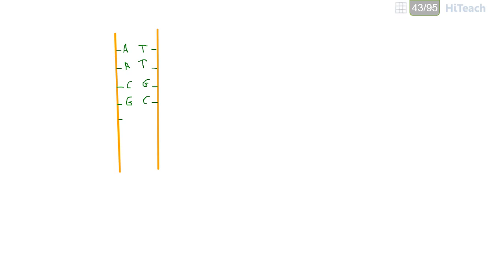This one here is T, so it should be connected with A. You have another A, they are complementary to each other, okay? This one is T, this one is C, this one is G, and another G or C with a G.